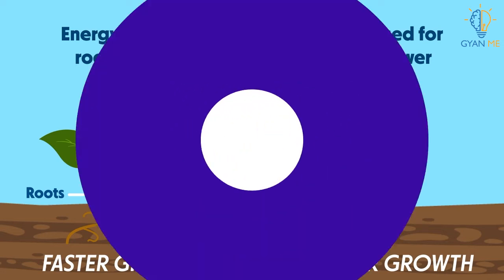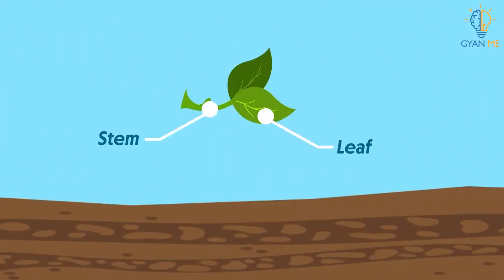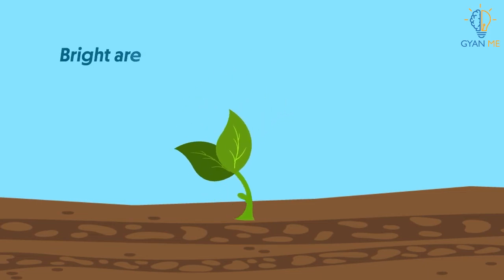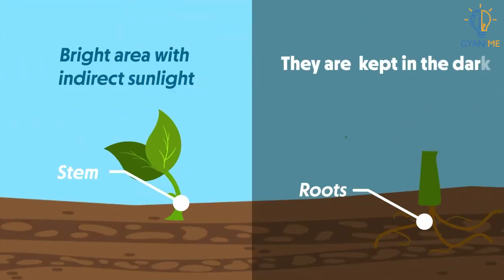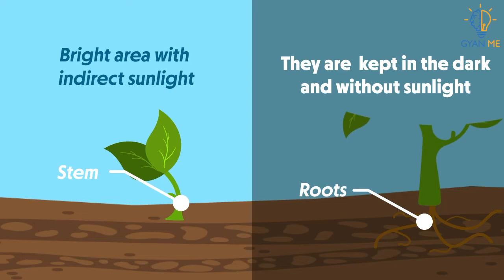Students, usually if stem and leaves are taken as cuttings, they are put in a bright area with indirect sunlight, while if roots are taken as cuttings, they are kept in the dark and without sunlight until new shoots appear on them.